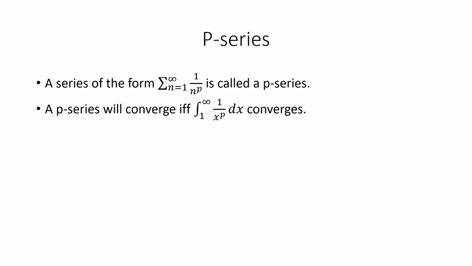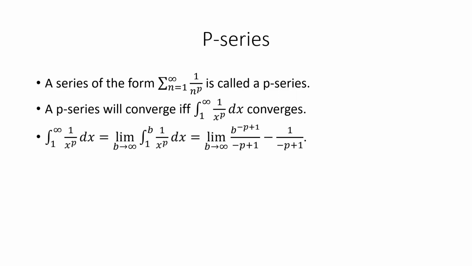Well, we can carry out that integration fairly easily. So the integral from 1 to infinity of 1 over x to the p, remember that's just x to the minus p. We have to interpret that as the limit as b approaches infinity of the integral from 1 to b. And that's just a power rule. So we get b to the minus p plus 1 over minus p plus 1, and then evaluate it at 1, you get 1 over minus p plus 1.